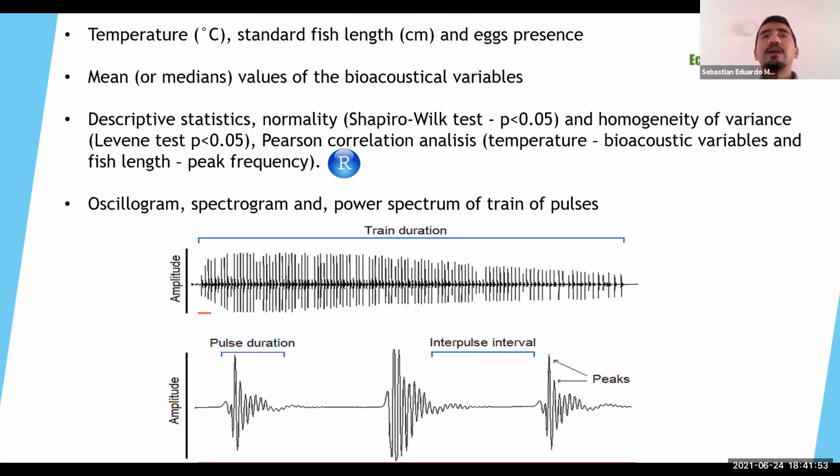We used mean values of the acoustical variables, and we made descriptive statistics for the variables we evaluated. We also made oscillogram, spectrogram, and power spectrum for characterizing those signals. And here we have some examples of the way we determined the variables.